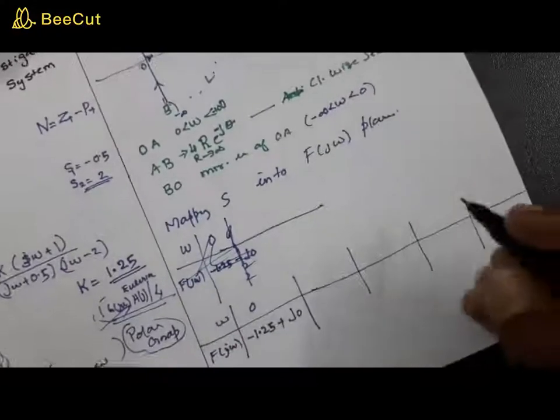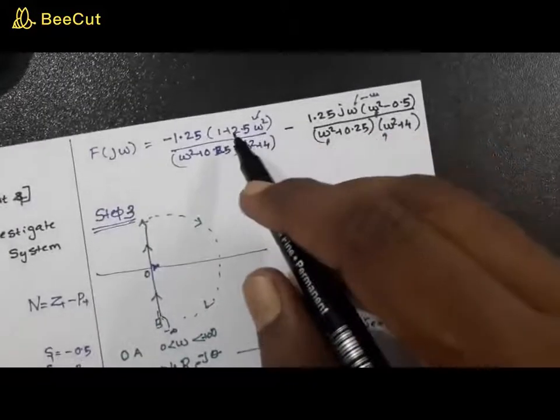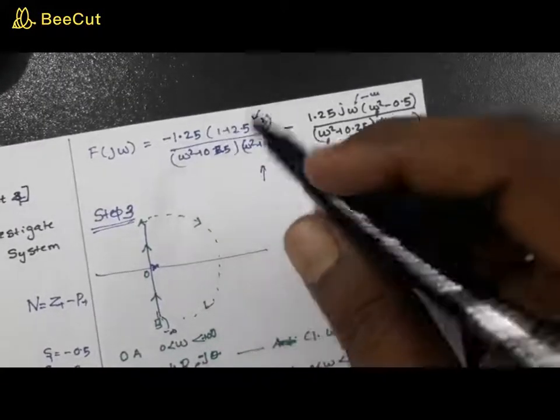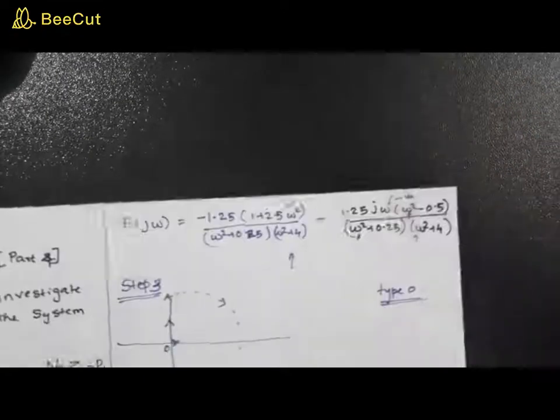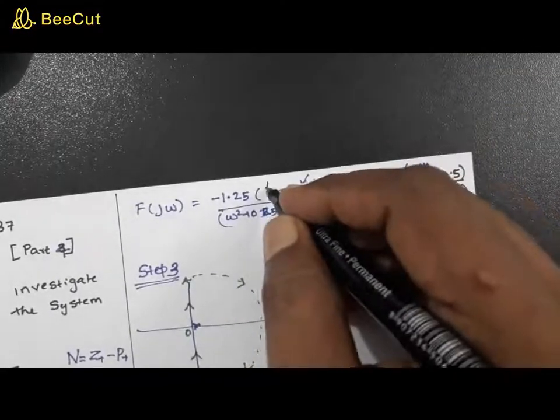Now let us see what happens when ω becomes infinity. When ω becomes infinity, you need to ignore these terms. This is how you need to substitute ω. Since ω is a very high value, you can ignore this.